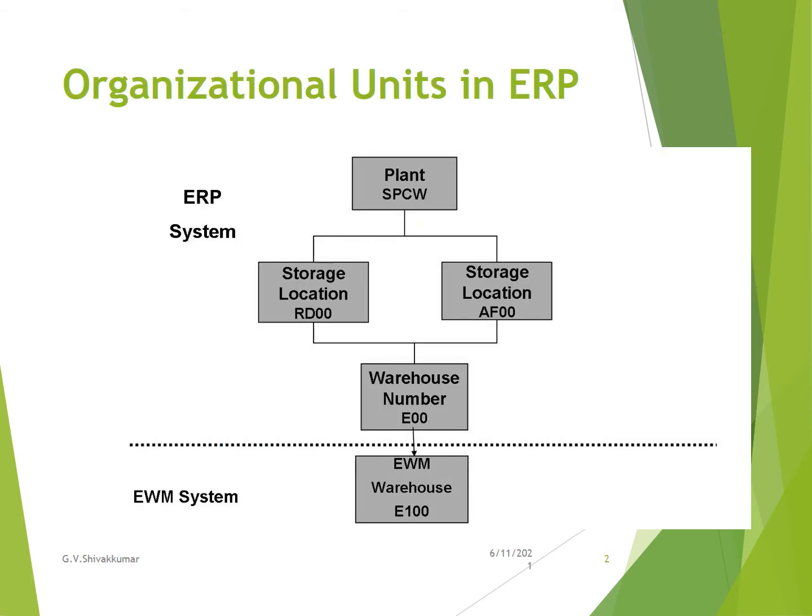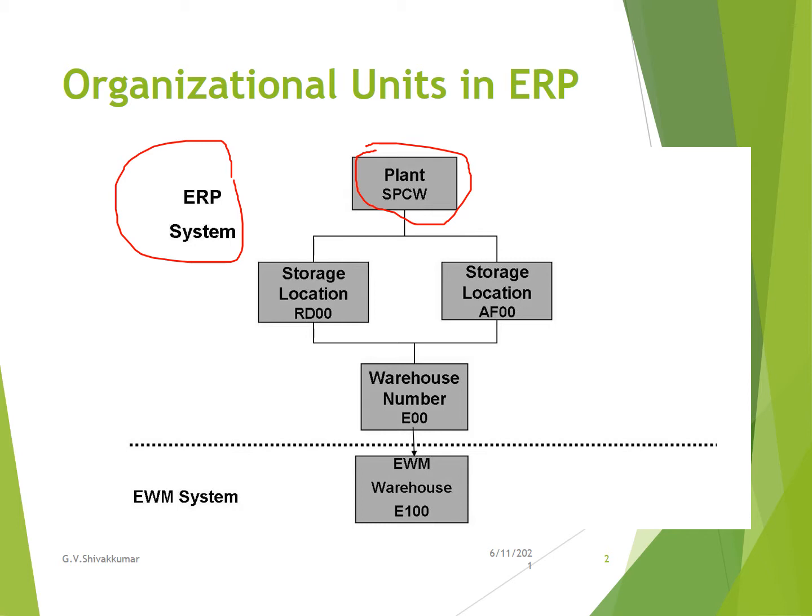So, let's move on to the SAP EWM organization structure, and we are comparing it with the ECC or ERP system. In this picture, normally we have the plant as the highest hierarchy, and it belongs to our ERP system. Below the plant we assign the storage location.